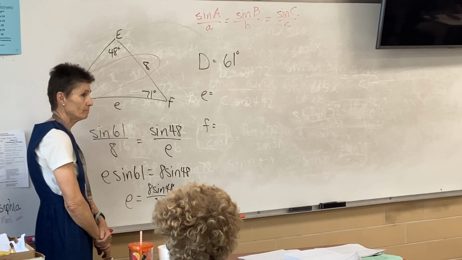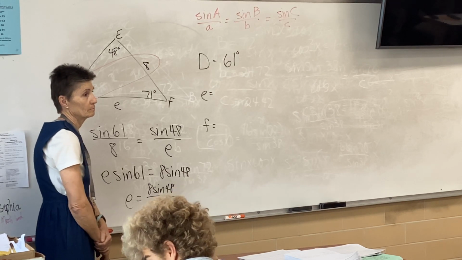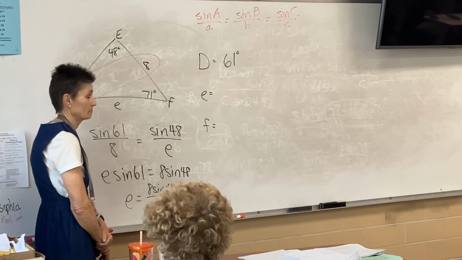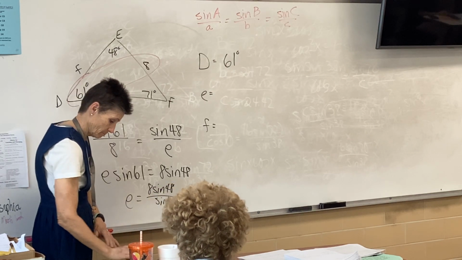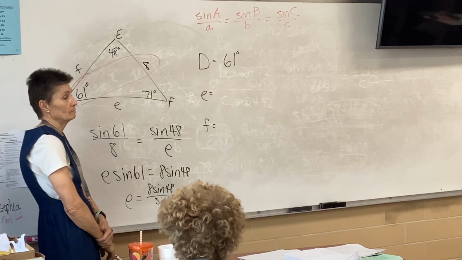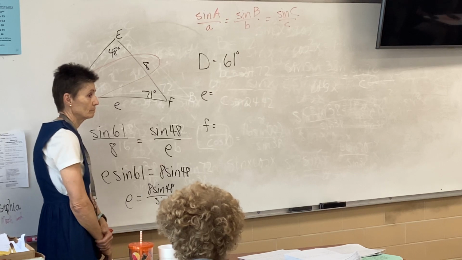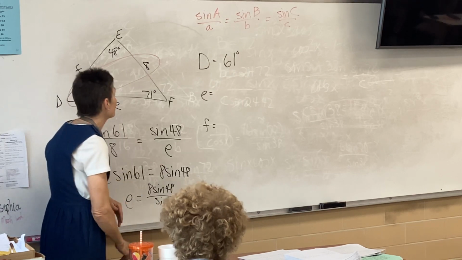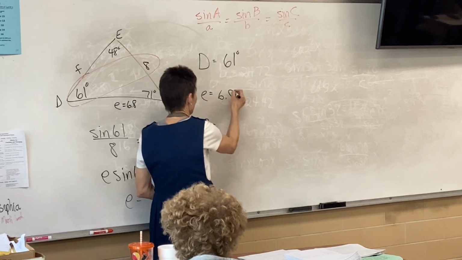Ayrton, you got an answer? Yep. So E is about 6.8 when we round it off. Everybody else get that?